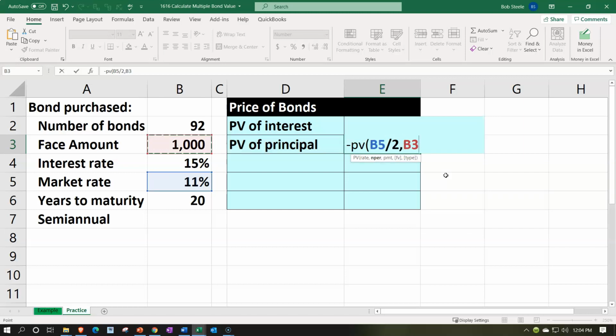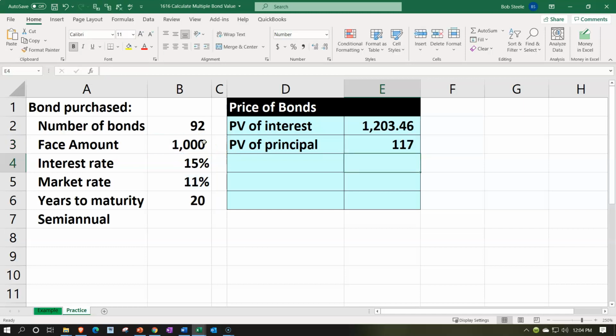Number of periods is 20. That would be years, and this is semi-annual, so we're going to multiply that times 2 for 40 6-month time periods, comma. It's not a payment this time, but an annuity, so 2 commas to skip over to the future value. The future value would be that 1,000 that we're trying to bring back to the current time period. That's going to be the 117. Let's add some decimals. Number group, adding a decimal.